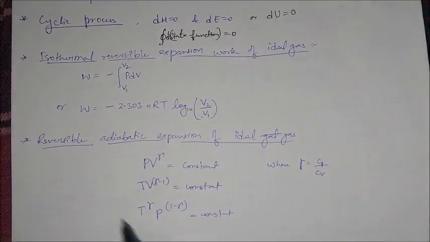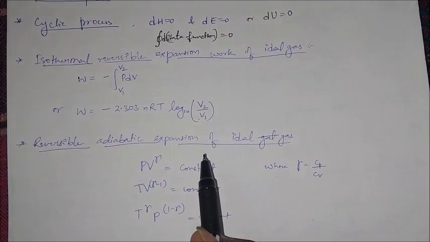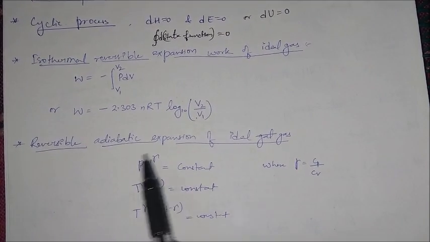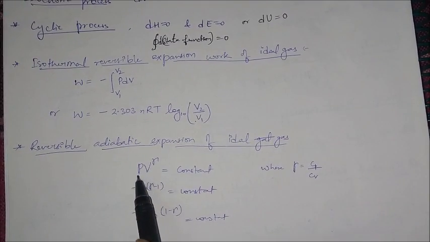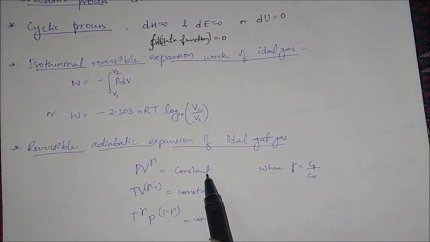Now the next is reversible adiabatic expansion. During adiabatic expansion of an ideal gas, PV to the power gamma is constant.